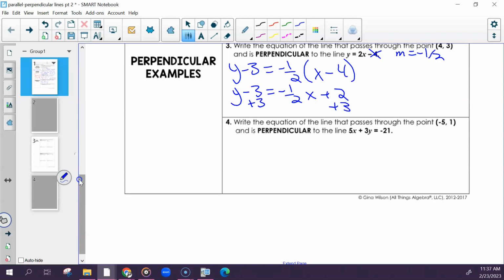As you keep going, you should get y equals -1/2 x plus 5. You should see, if we're comparing the two, that these are perpendicular to each other. The slopes are negative reciprocals, so the y-intercept doesn't matter. What questions do we have on that problem?